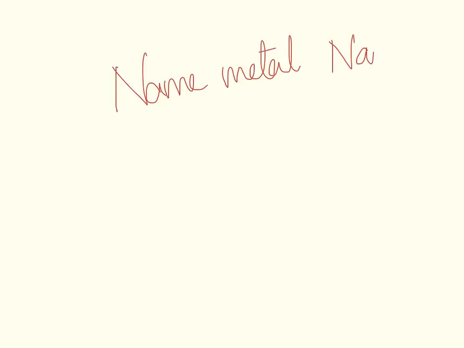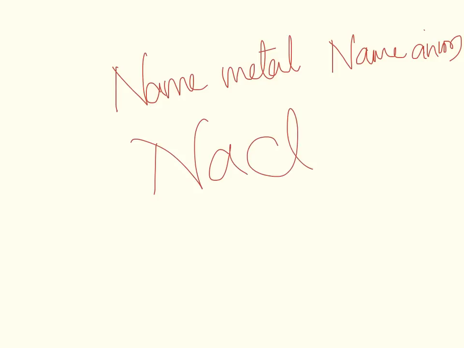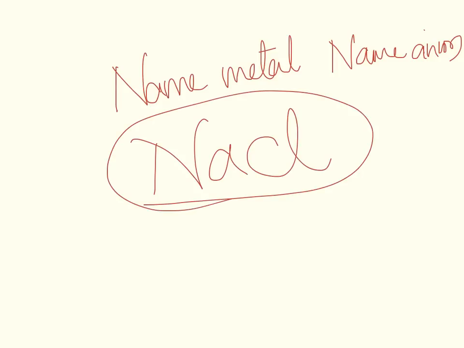So when the metal forms one type of ion, you write the name of the metal, followed by name of the anion. So for example, sodium and chlorine. This is the formula.